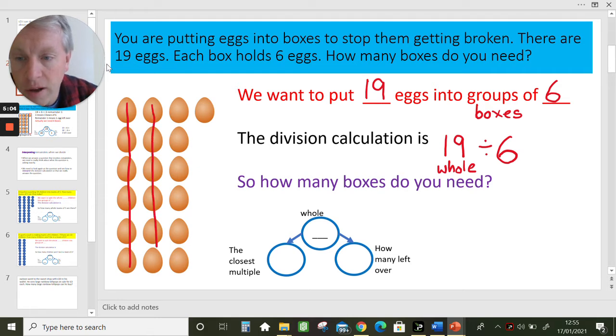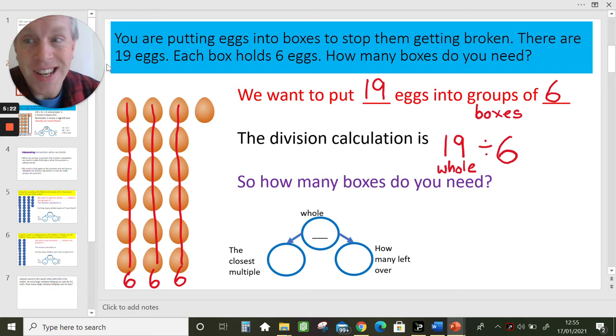Another group of 6, because each group of 6 is a box of 6. Another group of 6, so let me write down the 6's. 6 here, 6 here, 6 here. Oh, hold on. That's not a group of 6.